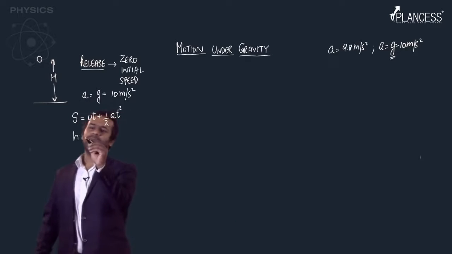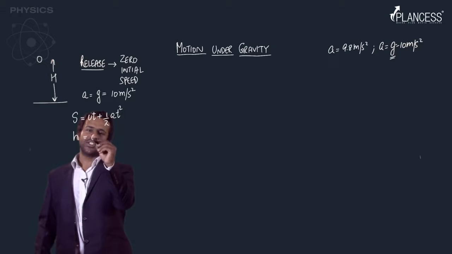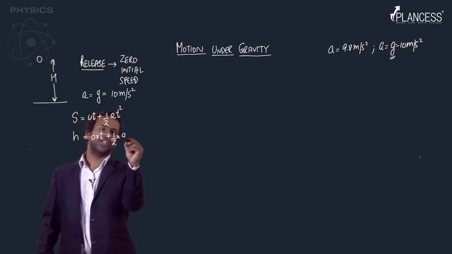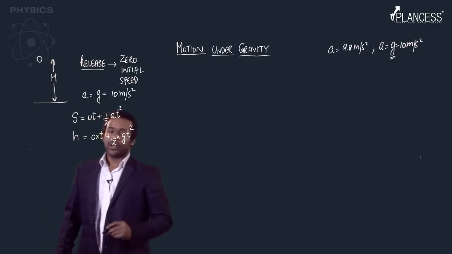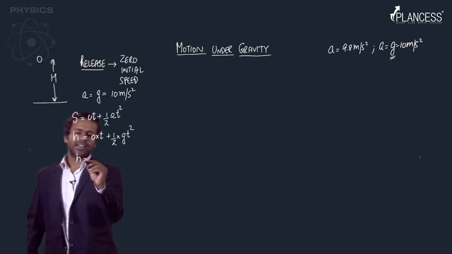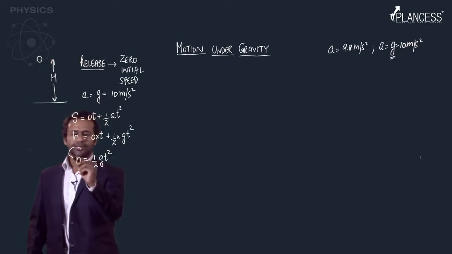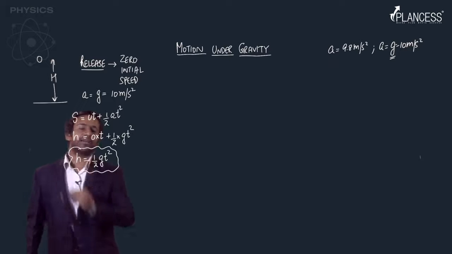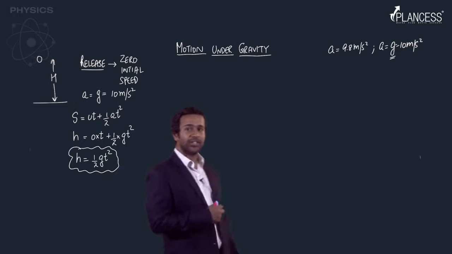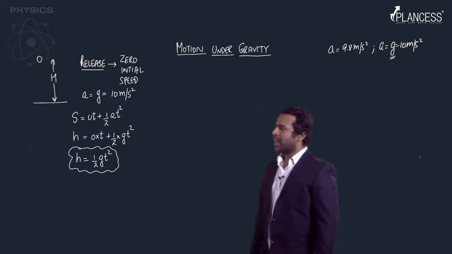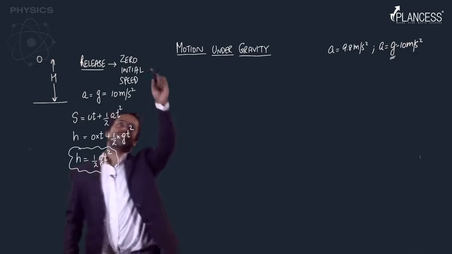So the height covered can be written as 0 into t plus half into g t square. So this can be given as the height through which a particle falls after a time t when it is released from a certain height, right? So this was a first analysis of a simple situation.